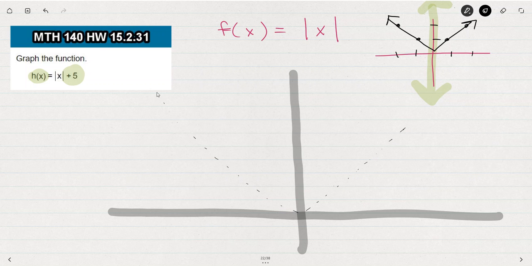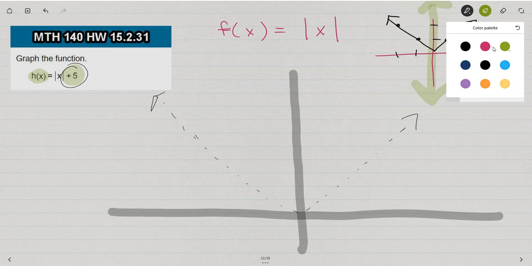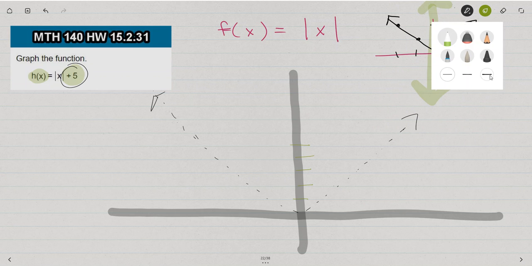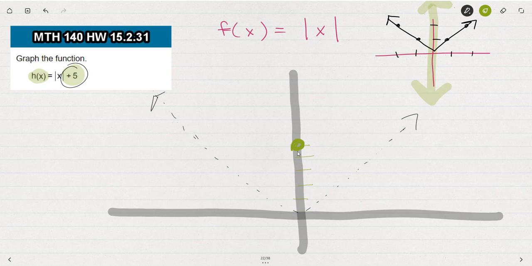But if I know this, and I want to transform it vertically 5 units, what that means is I'm going to take this, and instead of starting at 0, 0, I'm going to start at 1, 2, 3, 4, 5. I'm going to start at 0, 5. And then from there, I'll go over 1, up 1, and so on. So I get lines that are parallel to what I already had.